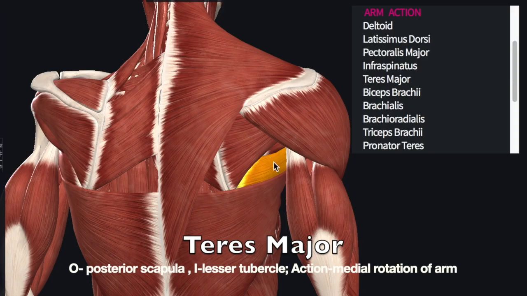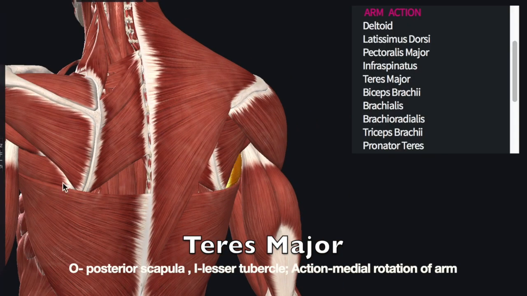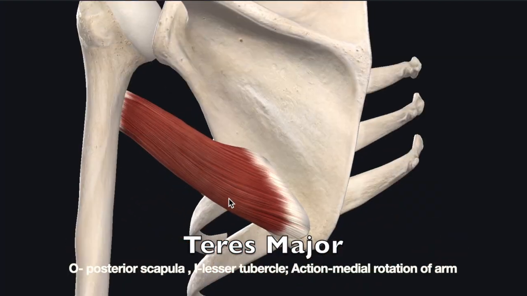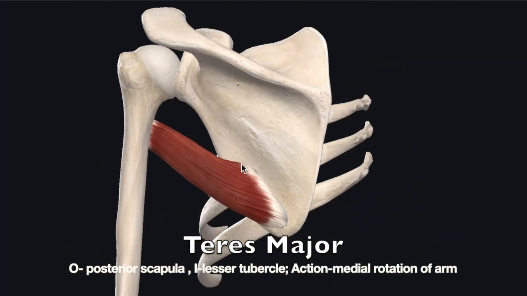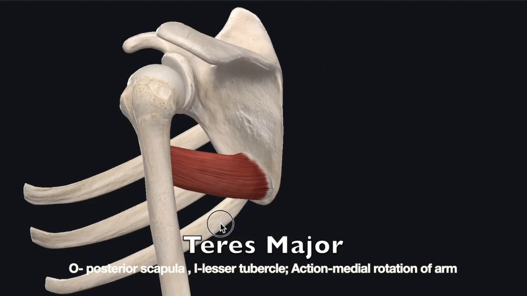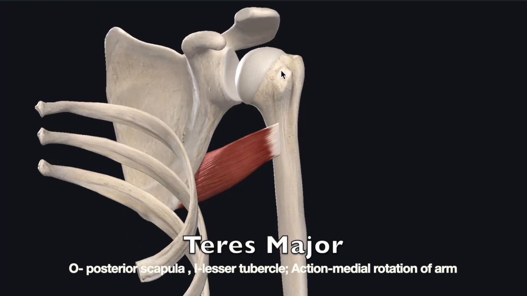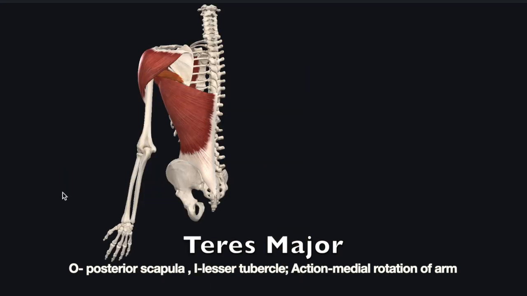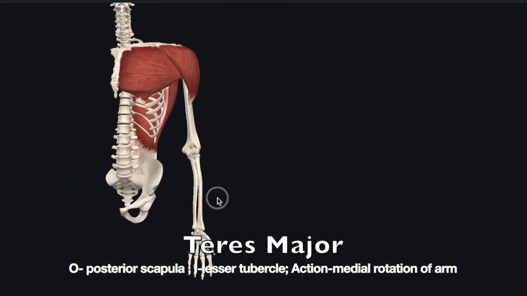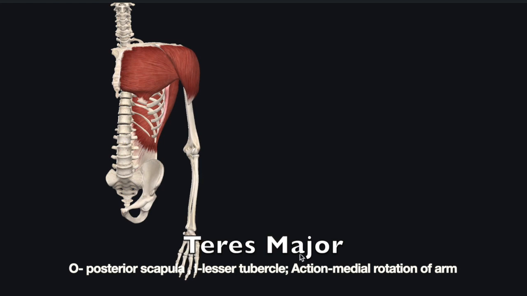Just below the infraspinatus muscle, we have what's known as the Teres Major. The origin of the Teres Major is along the inferior portion of our scapula, and its insertion is just below the lesser tubercle of our humerus, so along that crest here. Its primary action is in the medial rotation of the entire arm at the shoulder.